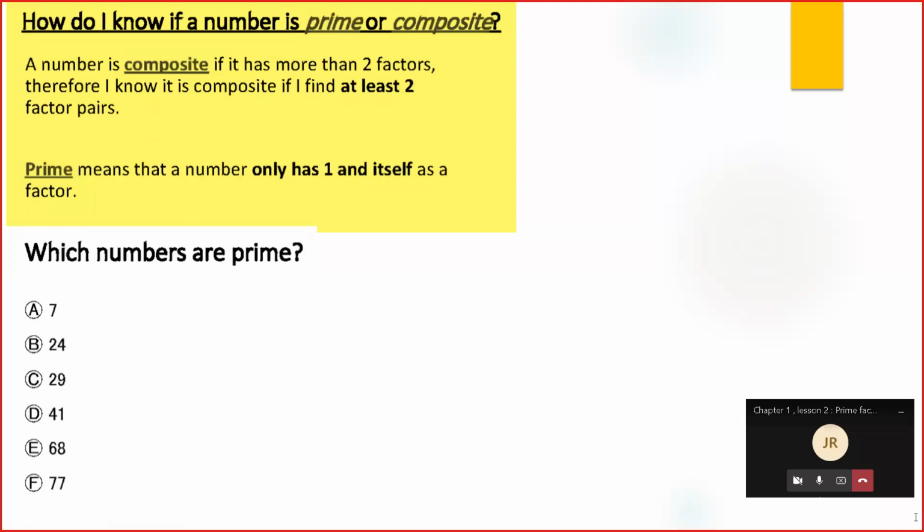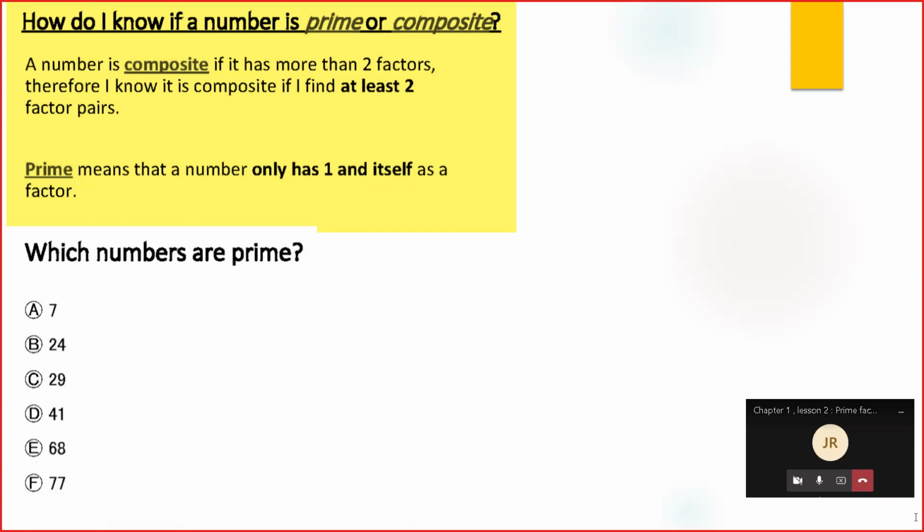Okay, girls, you have to know something. 1 is not prime, neither composite.